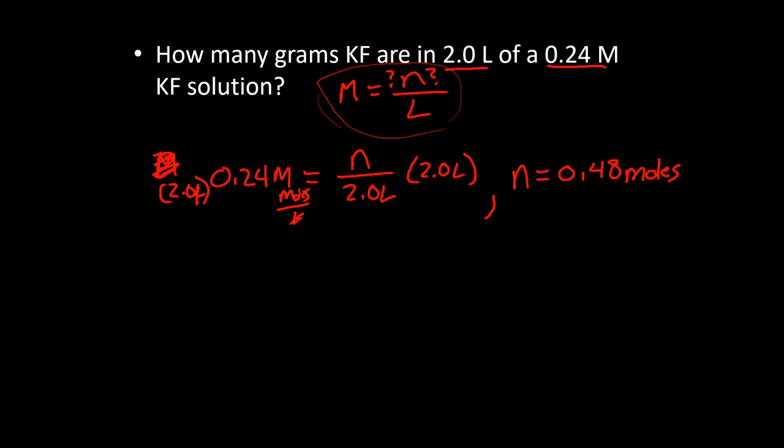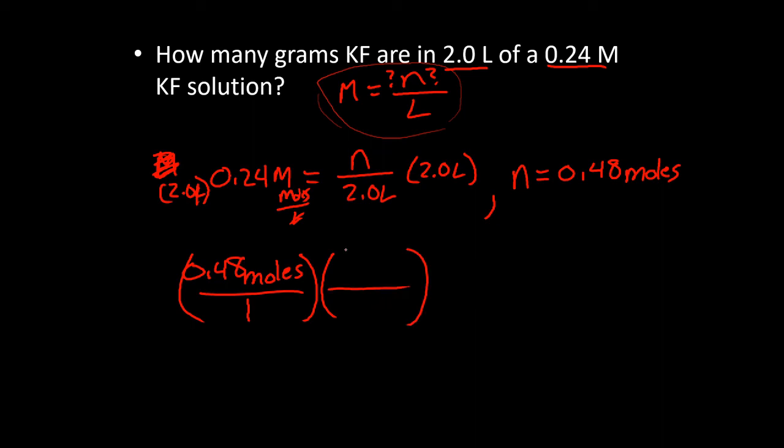So we have almost a half of a mole of potassium fluoride. And so then the last thing we need to do here is we need to go ahead and convert 0.48 moles into grams. And so if I look at the periodic table for the molar mass of potassium fluoride, potassium is 39.1, fluoride or fluorine is 19.